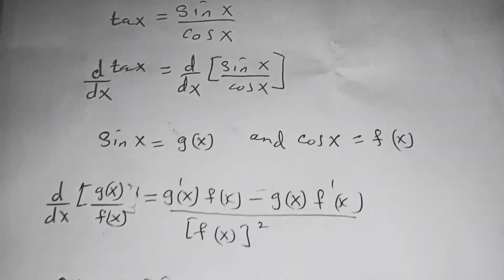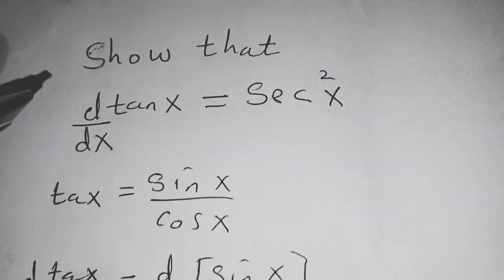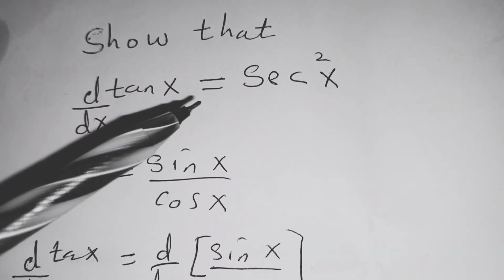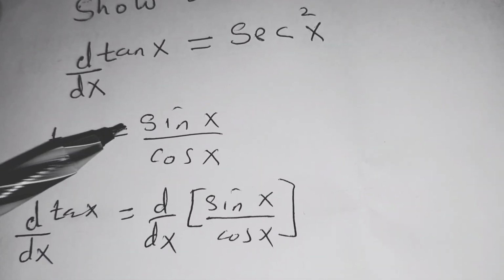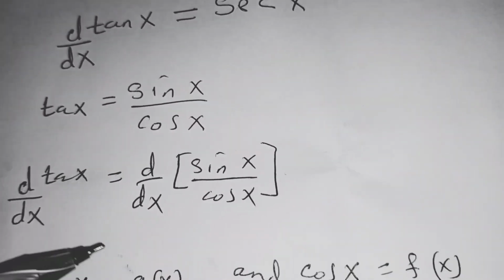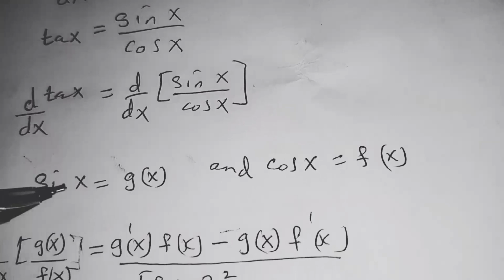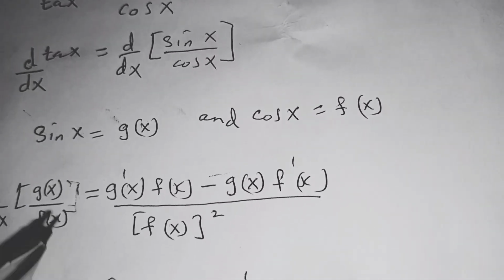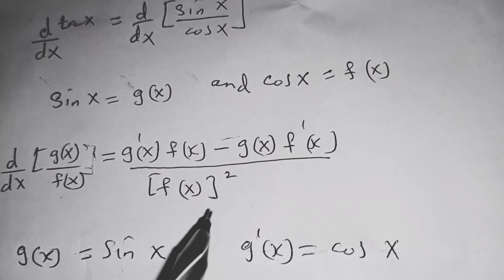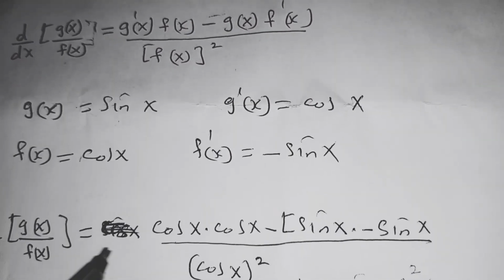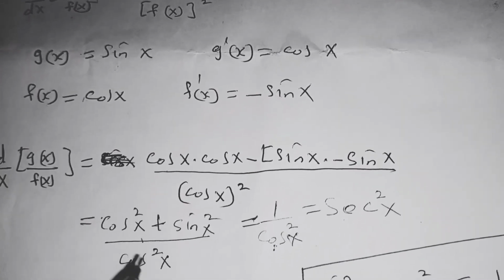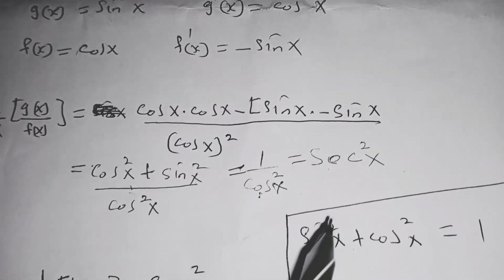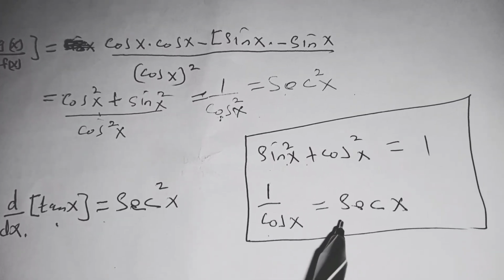Thanks so much for taking your time to study with us, whereby you are going to show that when you differentiate tan x with respect to x, the result will be sec squared x, from the fact that tan x is equal to sin of x divided by cos of x, by use of the quotient rule, whereby we have made the substitution that sin x is equal to function g of x and cos x is equal to function f of x, and we have made use of this formula here and made the substitution as indicated here, after making use of the identity sin squared x plus cos squared x is equal to 1, and the fact that 1 over cos x is equal to sec x.